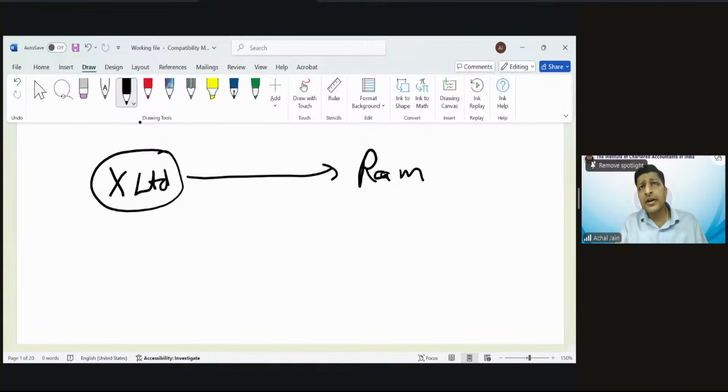Ram will be reporting to the company at 10 a.m., and the office hours run up to 6 p.m. So the office hours are also defined. Ram will also be required to report to office on a daily basis, except for weekends. Whenever the off days are there, Ram is not required to report. Otherwise, Ram is required to report.